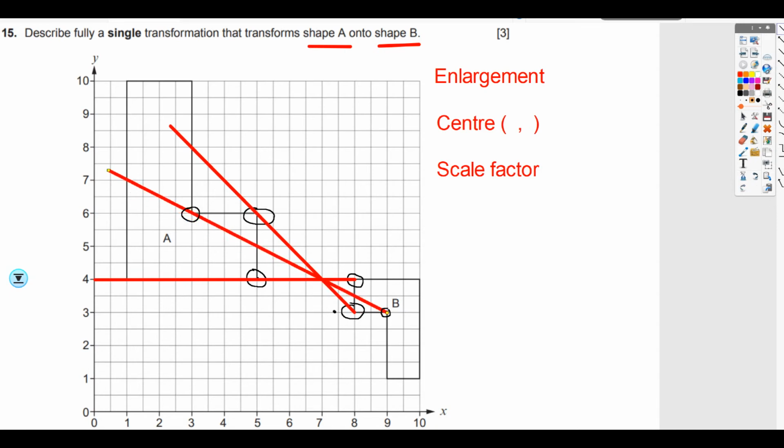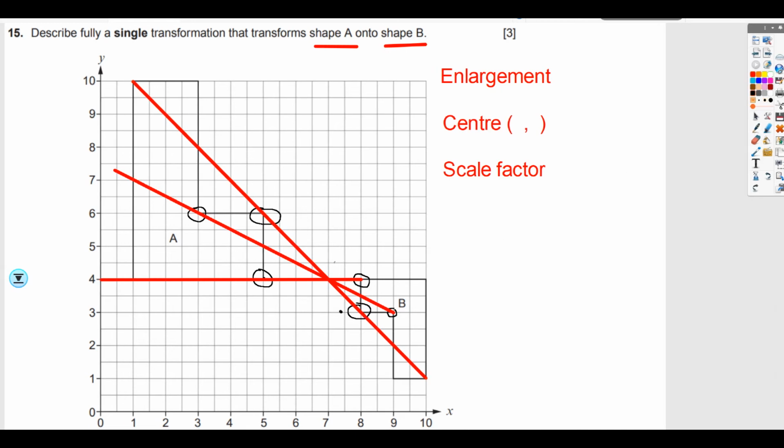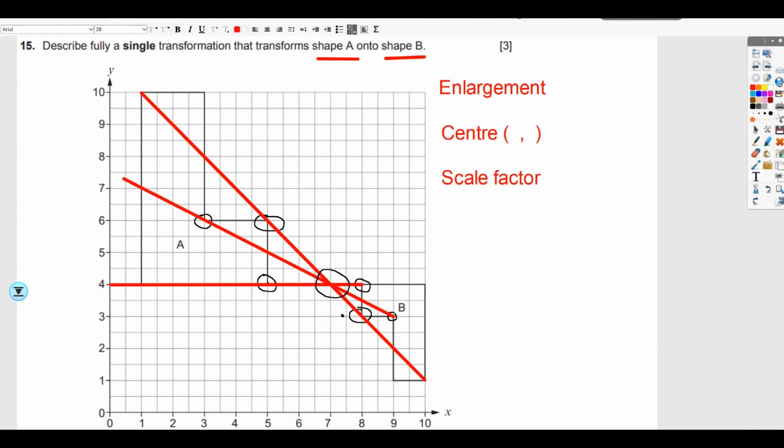Okay, and what we should notice is that all of the lines meet at this point here. And that is in fact the center of enlargement. We can see the coordinates are across 7, up 4. So the coordinates are 7, 4. So that's going to be 1 or 2 marks, finding the center.